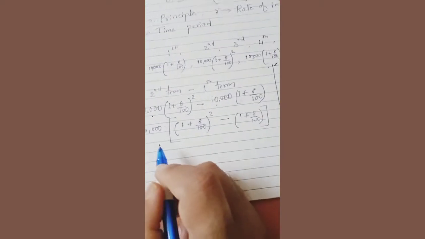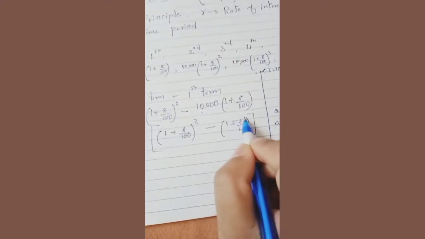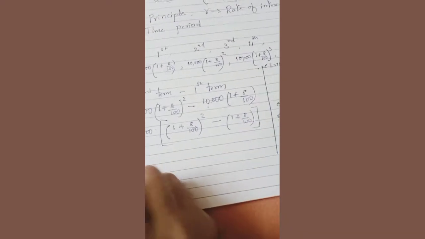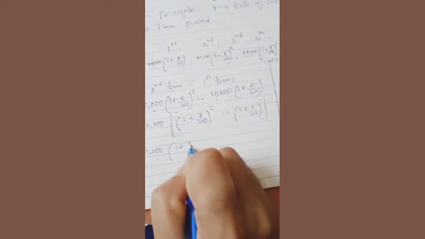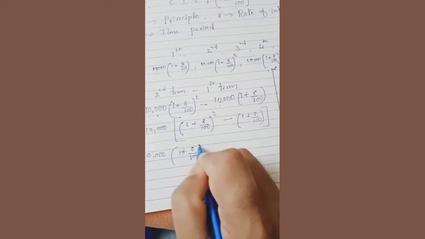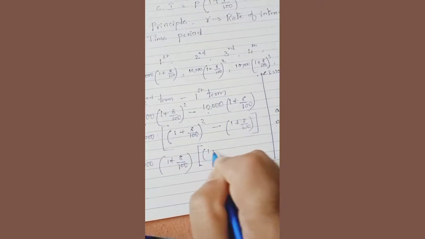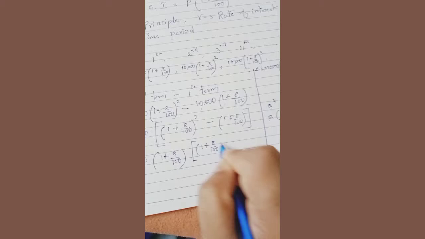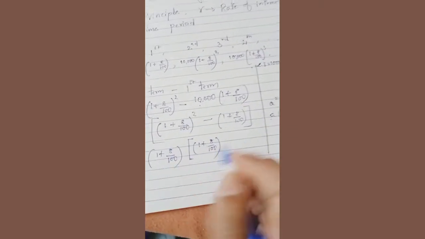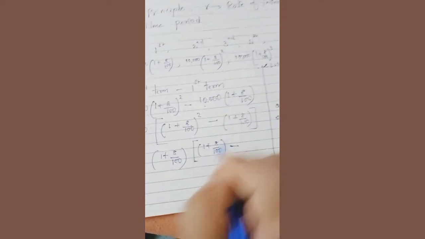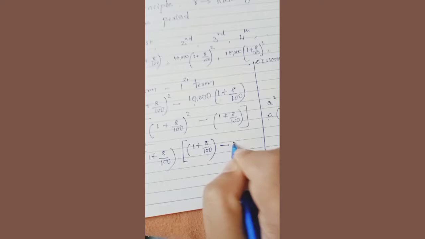So this entire term is in the form of a square, and this in the form of a. If I take out 1 plus 8 by 100 as common factor, what is left out here? Another 1 plus 8 by 100, because the square was there, among that I have taken out one, one is left out. And the other whole thing I have taken out, so if I want to get the same thing, I need to multiply this with 1.